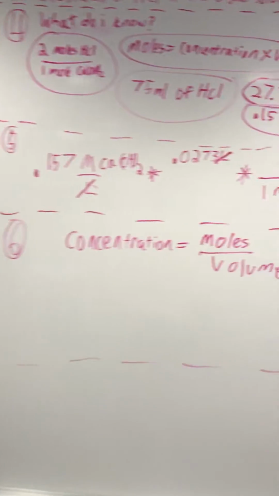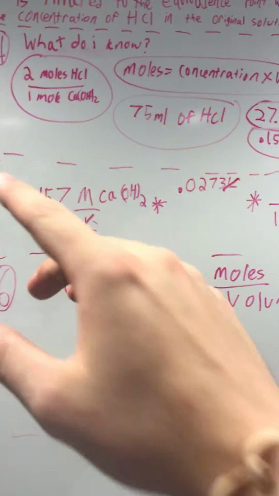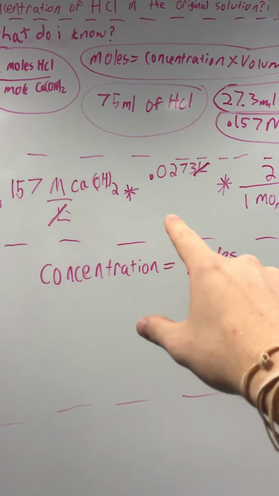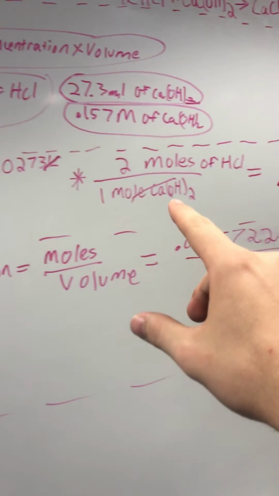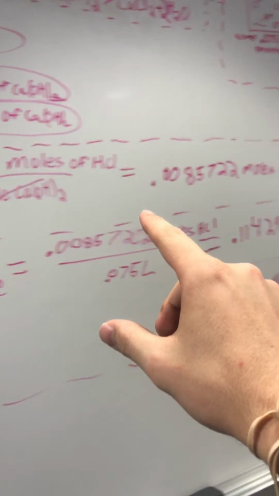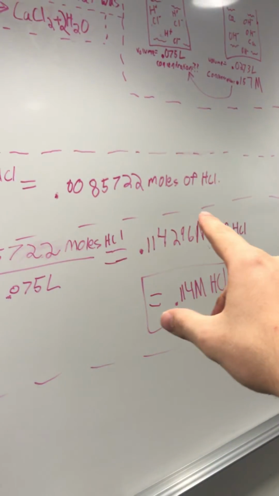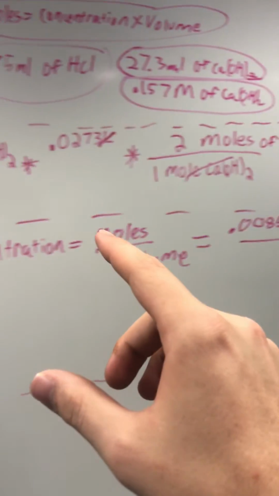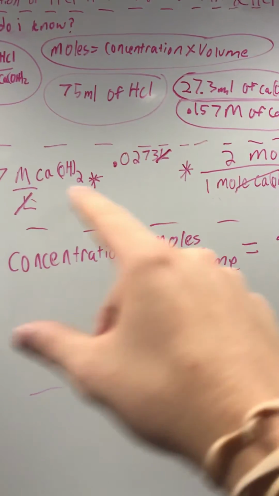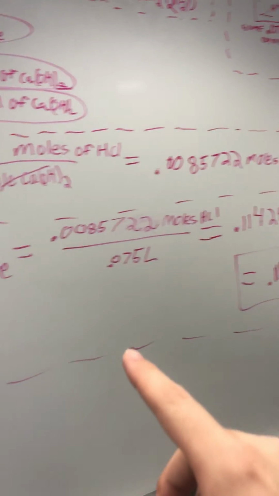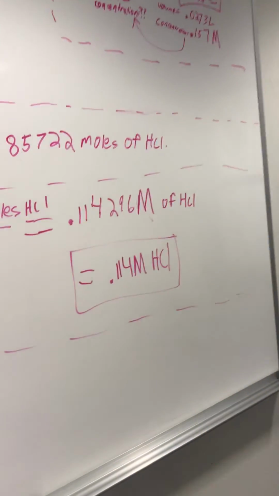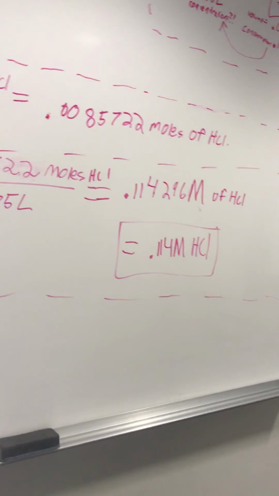And then, very carefully, in this case, find the moles of Ca(OH)2, use that information to find the moles of HCl, and then use this equation, which you knew from earlier, to find out the molarity of HCl. It's actually pretty simple when you look at it.